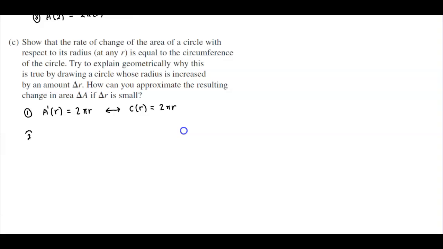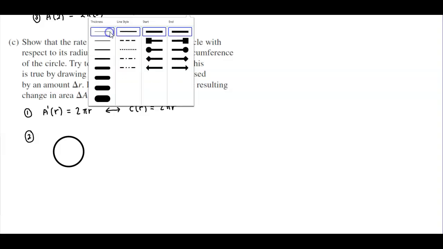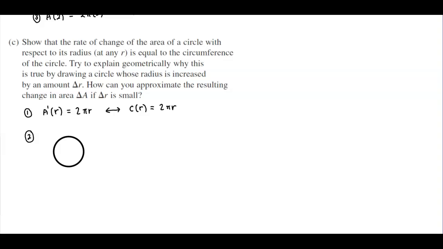So let's take a look at a picture. If we have a circle, let's go ahead and create a circle here. Now we know that a circle has a radius of r.